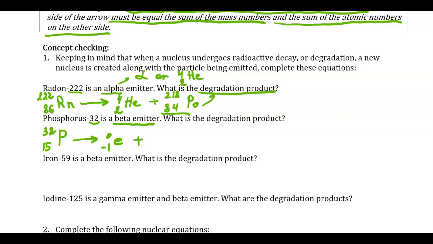Mass will be the same, 32, but what about the charge? You need to add something. Plus 1, 16. You will get 16 here, and that will be sulfur according to the periodic table. And I'm going to check: minus 1 plus 16 gives us 15 anyway, so we did it correctly.